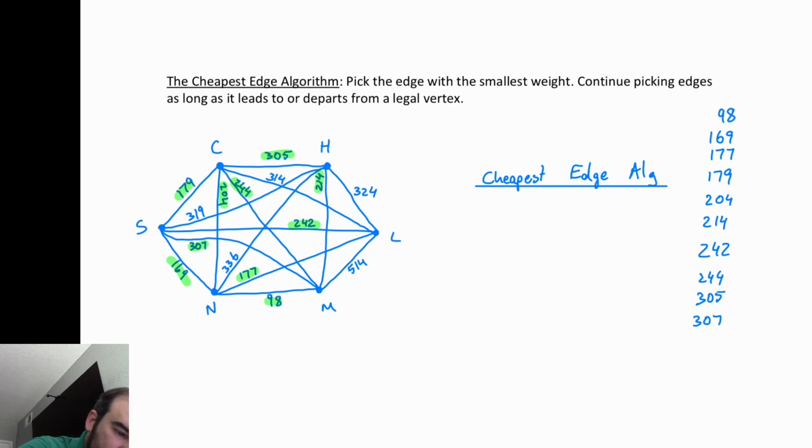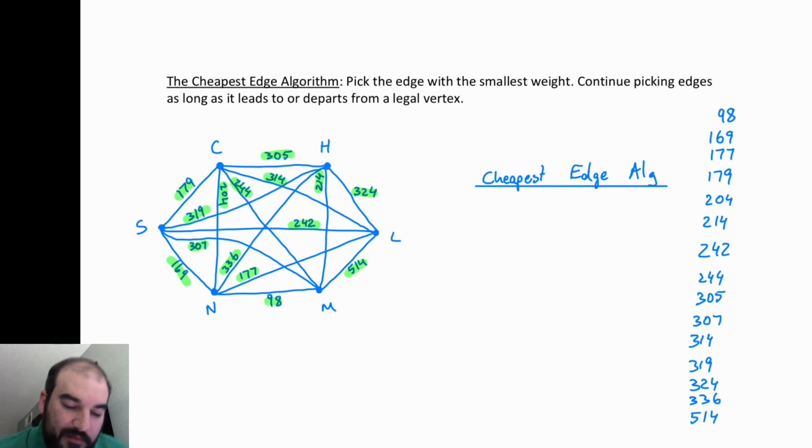And then I see a 314 and a 319. And then 324, 336, and 514. I have a feeling we're never going to use that 514, but we need to include it in the list just so we have all of them.